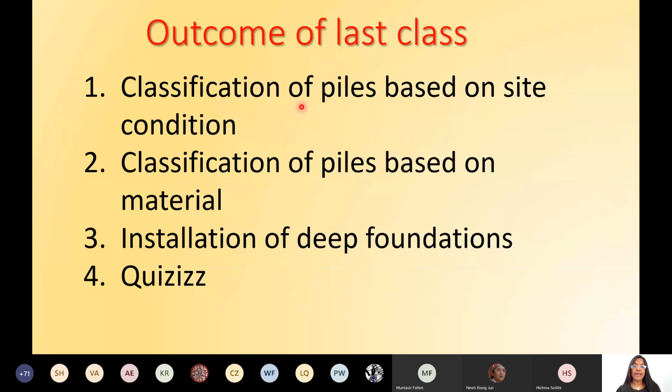What's the difference between pile and pier? Oh, pier I am yet to cover. Okay, give me an example of a location in which you can use steel piles. Oh no, sorry, not steel piles, concrete piles. I think I stopped at concrete piles.